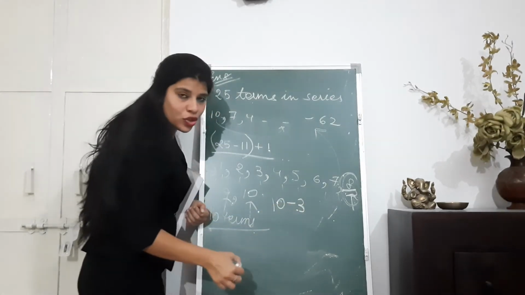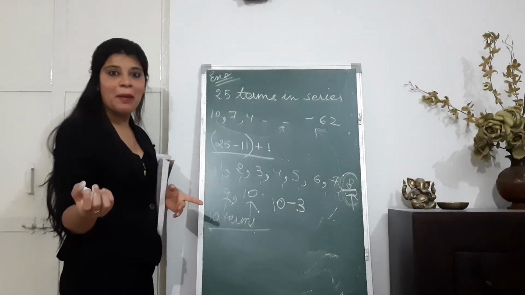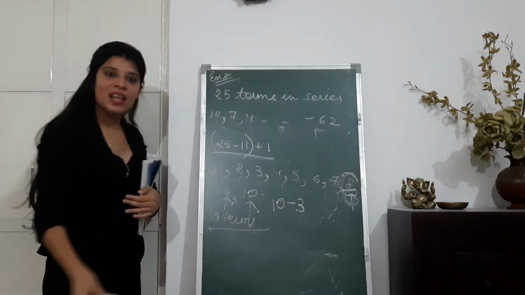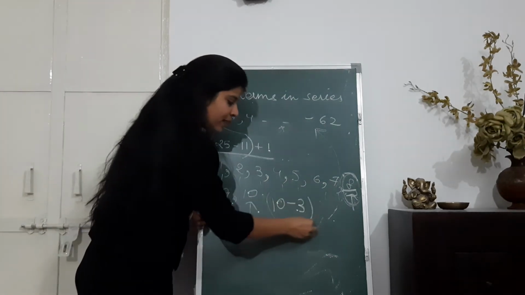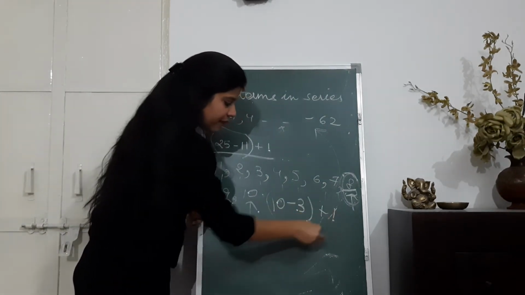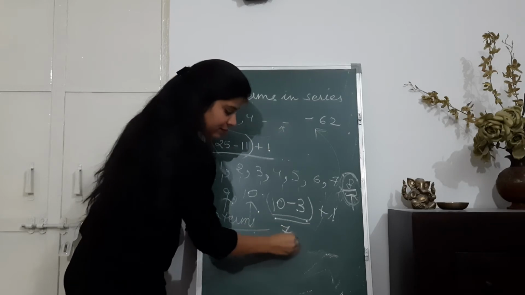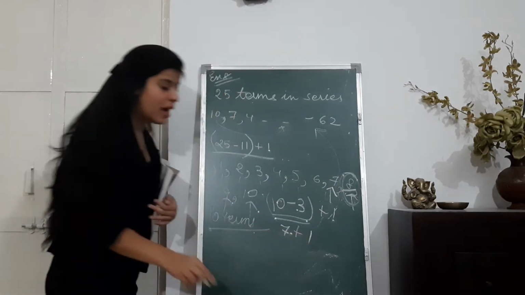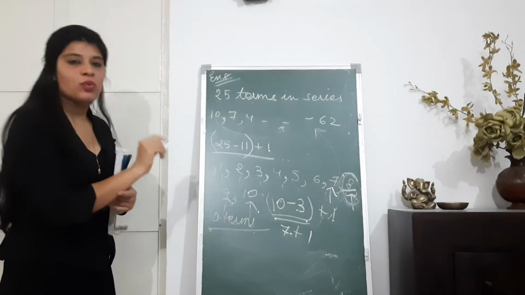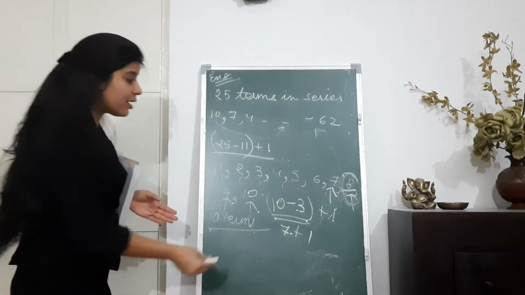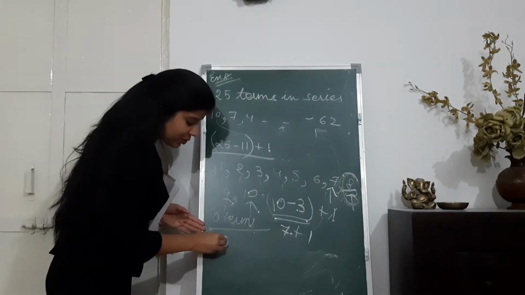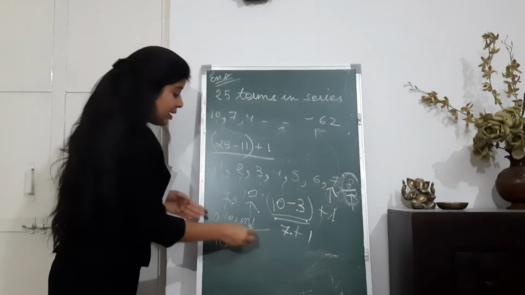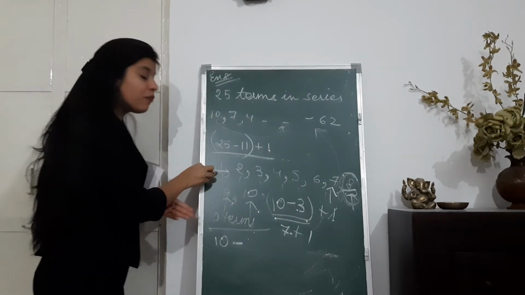If someone asks you which is the third last term of an AP, you have to say it is the 8th term from the start. Why? 10 minus 3 plus 1. If it is 7 here, then you will go to the 7th term, so you have to add plus 1. Why add plus 1? Because we are subtracting some term from 10, and the number starts from 1.